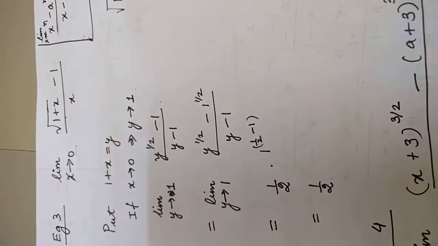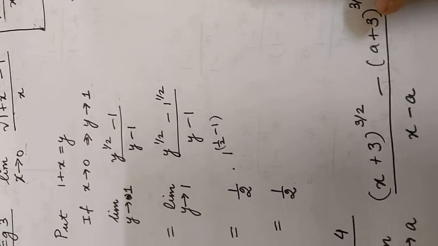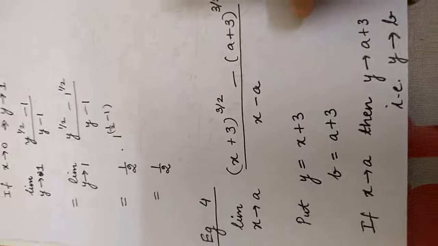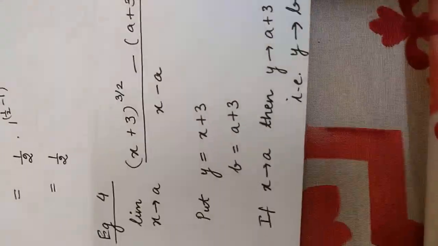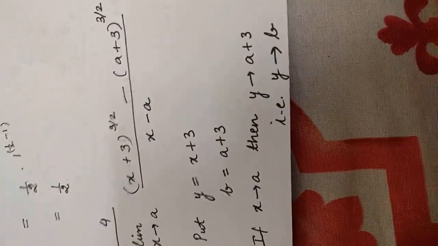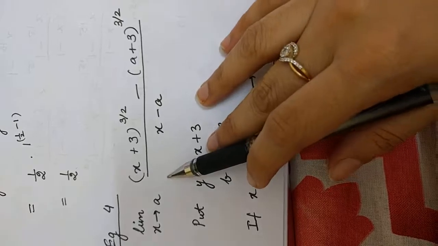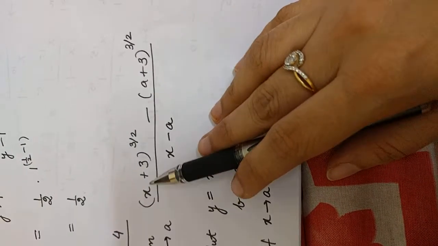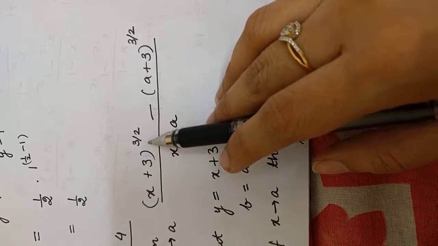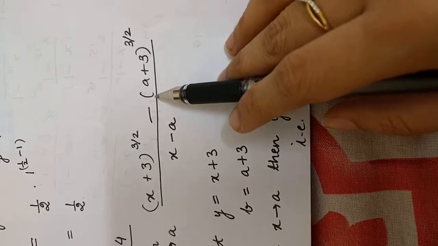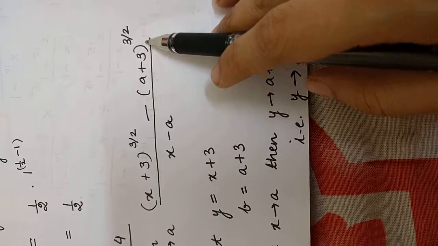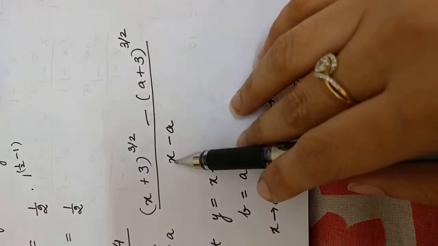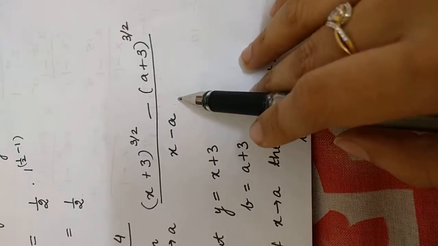Similarly, we have another example. The question is limit x tends to a, (x plus 3) to the power of 3 by 2 minus (a plus 3) to the power of 3 by 2 upon x minus a.